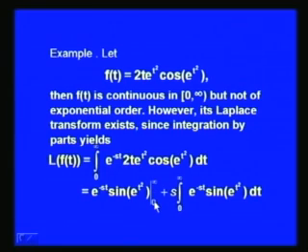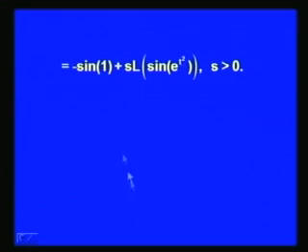At the lower limit t equal to 0, e to the power 0 is 1, and sine e to the power 0 is sin 1. So, at the lower limit its value is sin 1.